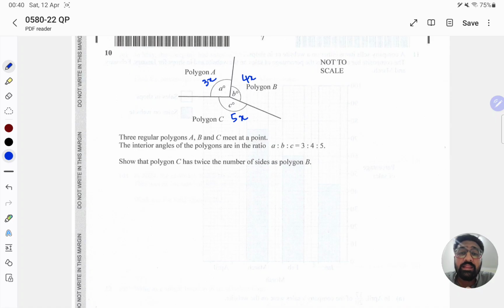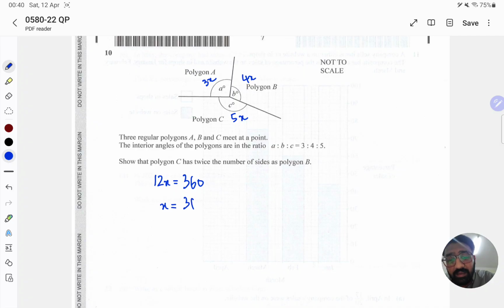And we know that the sum of the angles around a point is 360. So 3 plus 4 plus 5 gives us 12. So 12x will be equal to 360.